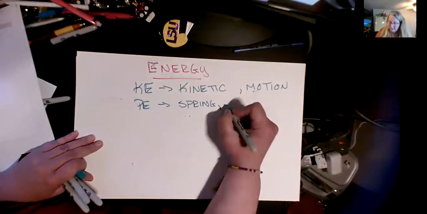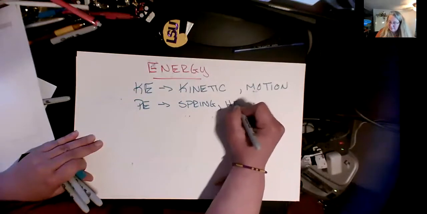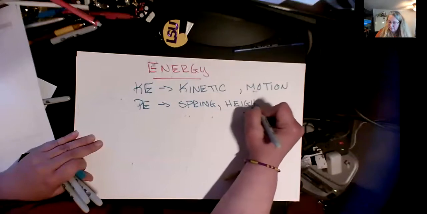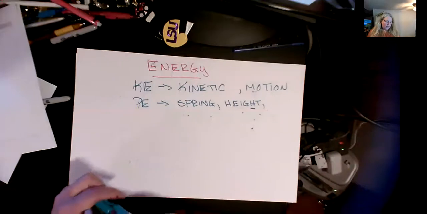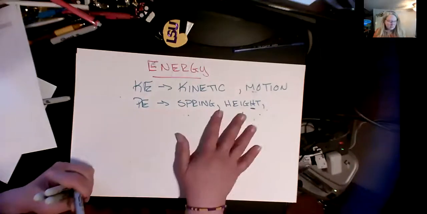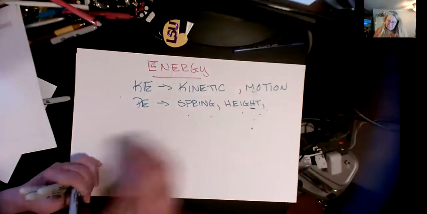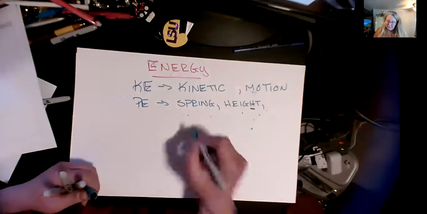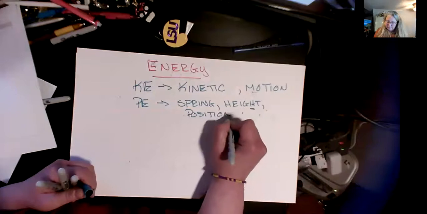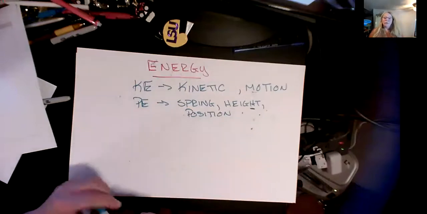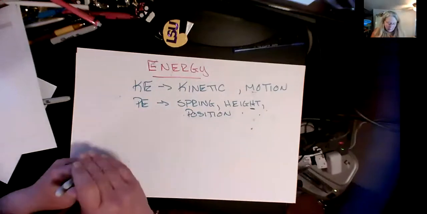I can have it from height, I can have chemical, I can have thermal. There's all sorts of different types of potential energies. The ones that we're going to focus on here are based on position, the energy I can gain or lose based on a position.